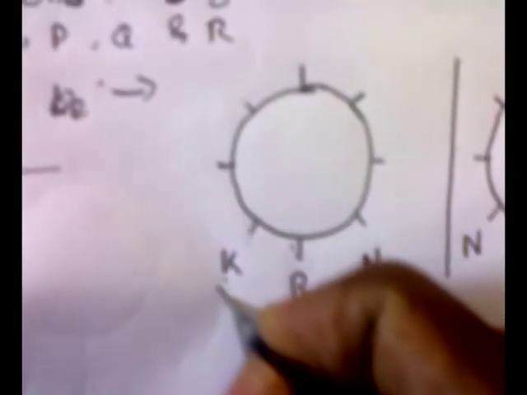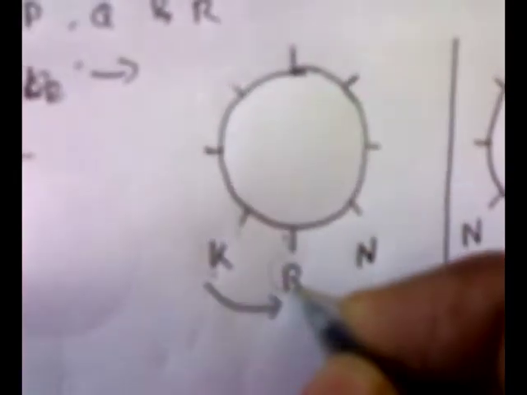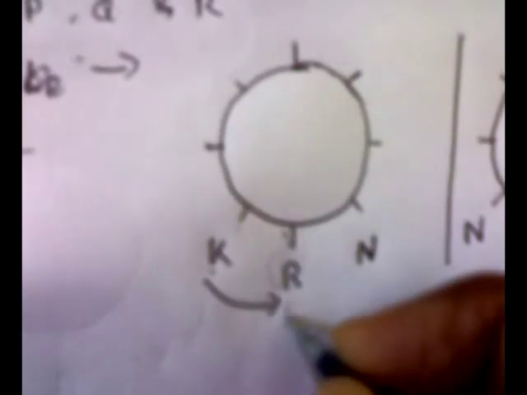From K in anti-clockwise direction, immediate right, there is already a letter, so P cannot be put here.